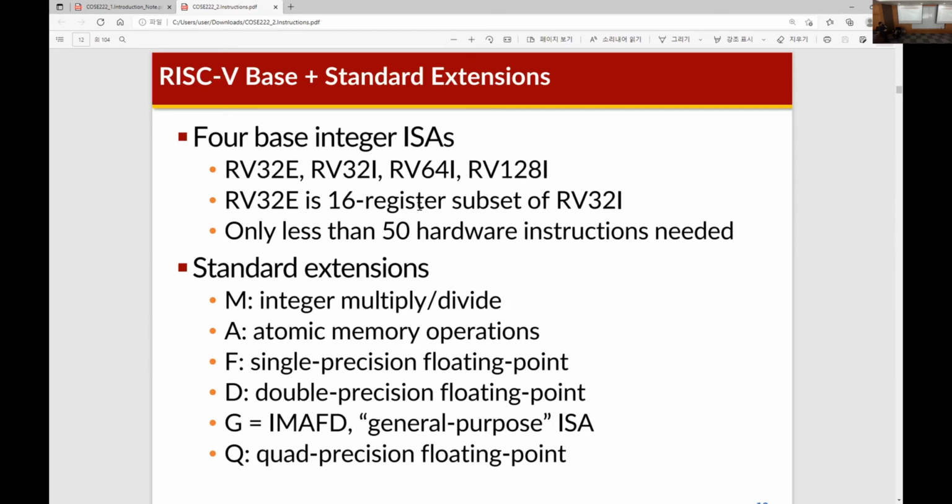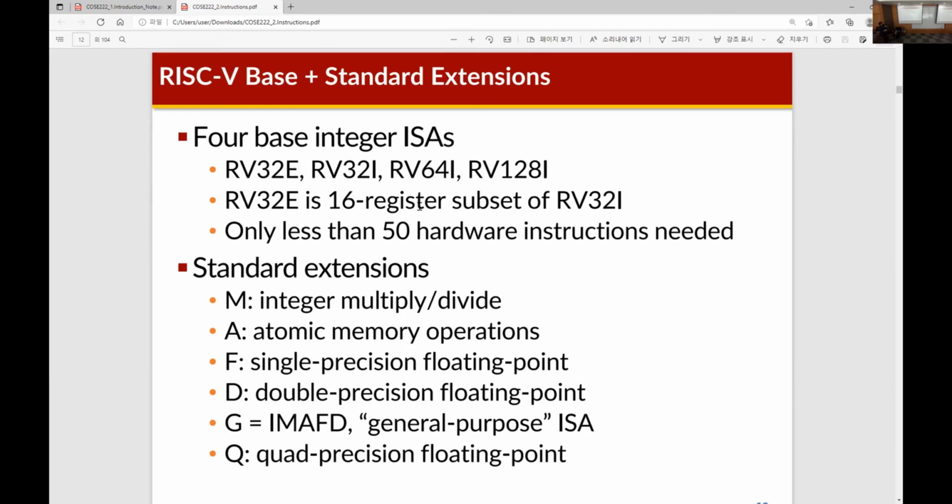I means integer, which is 정수 in Korean, so it just supports integer type instructions. And 32, 64, 128 represent the width of a single general purpose register, which means the size of the data handled by these instructions.